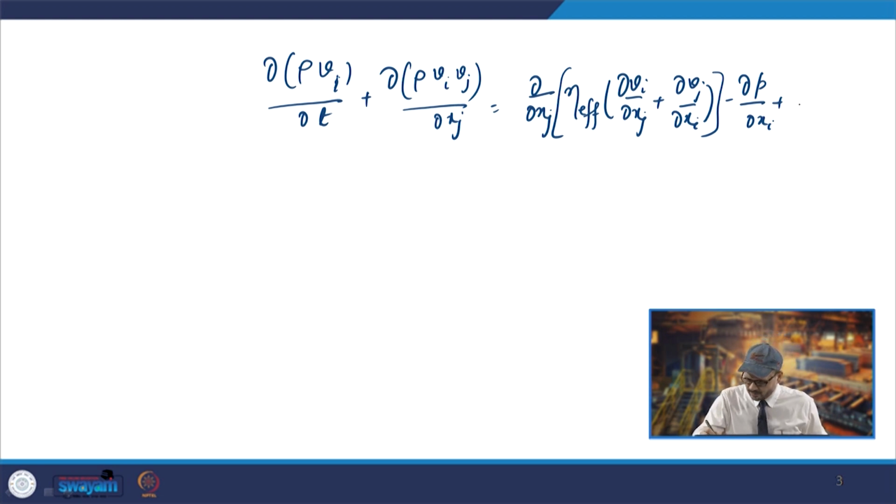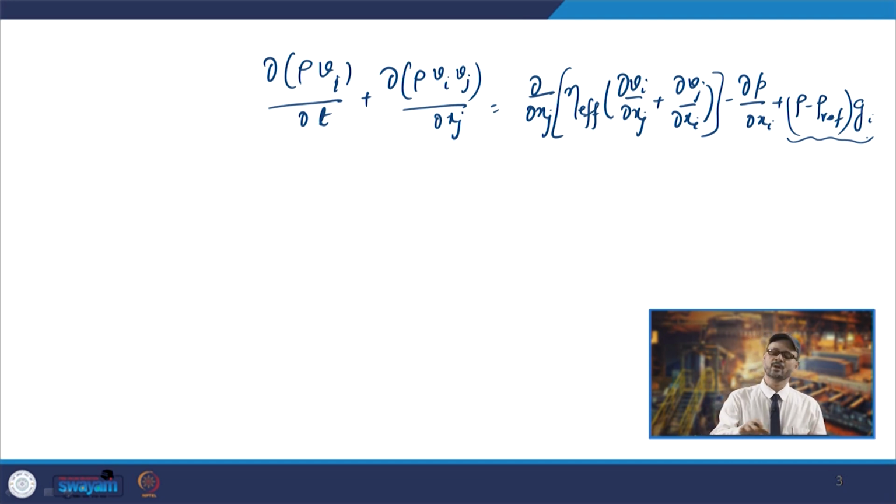So, that will be (ρ minus ρ reference) multiplied with g_i. This is the extra term which accounts for the buoyancy force per unit volume.